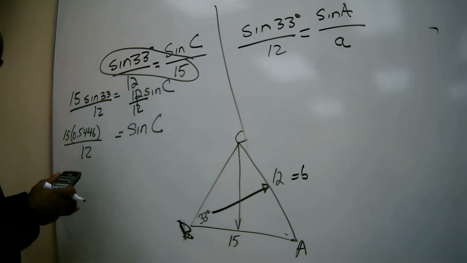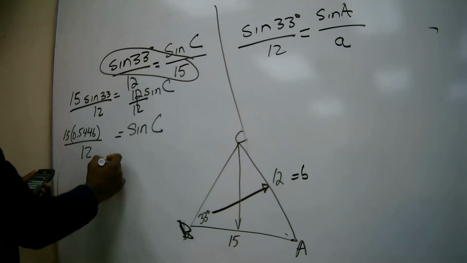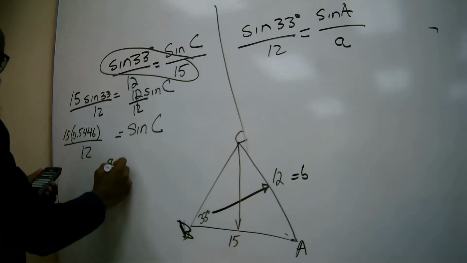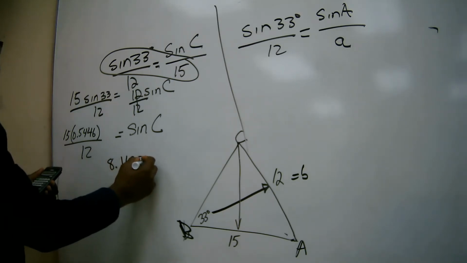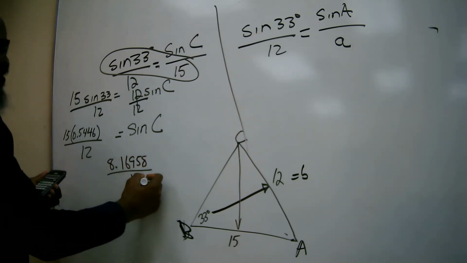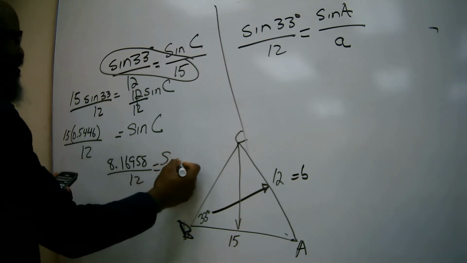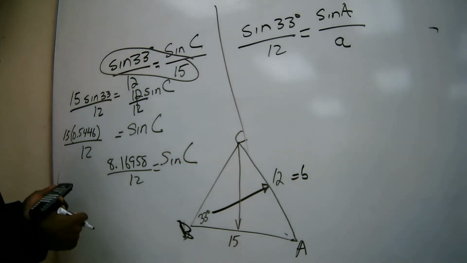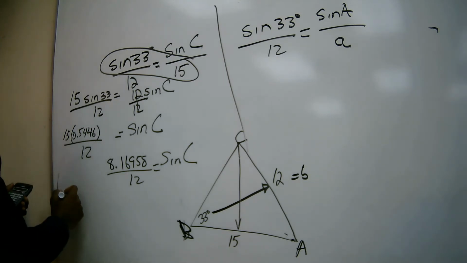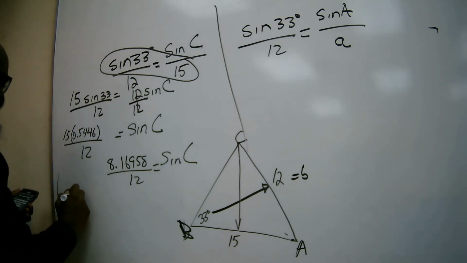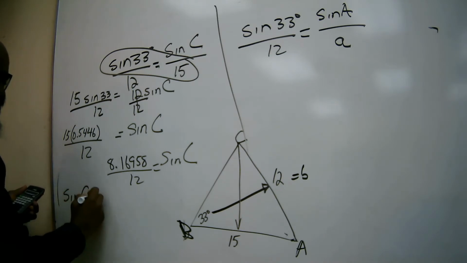Multiply by 15, that gives you 8.16958, and you divide this by 12, that equals sine C.